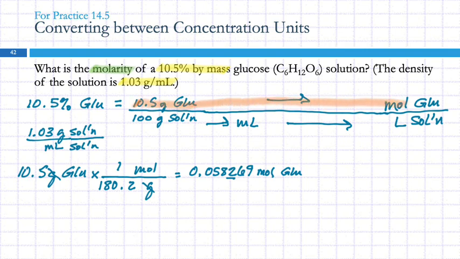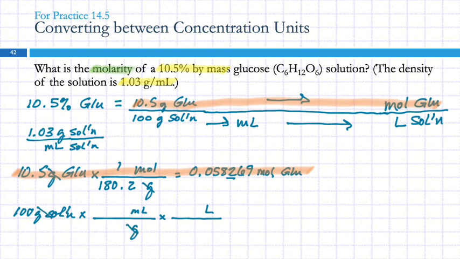So this part, the numerator, we converted right here. Now let's do the denominator. We're starting with 100 grams of solution, and we want to convert that to milliliters and then to liters. So I need grams to come down here so they cancel out. I need milliliters down here so they cancel out. The density relates grams and milliliters. 1.03 grams, grams is in the denominator, so that's where the number goes.